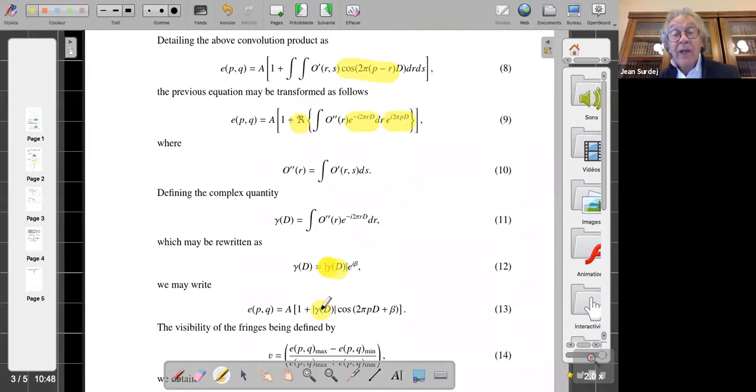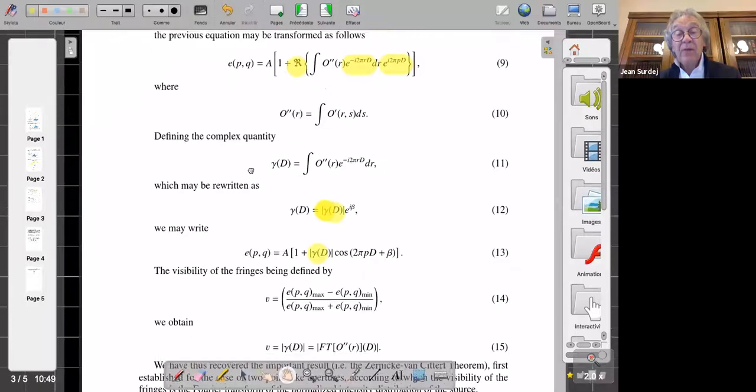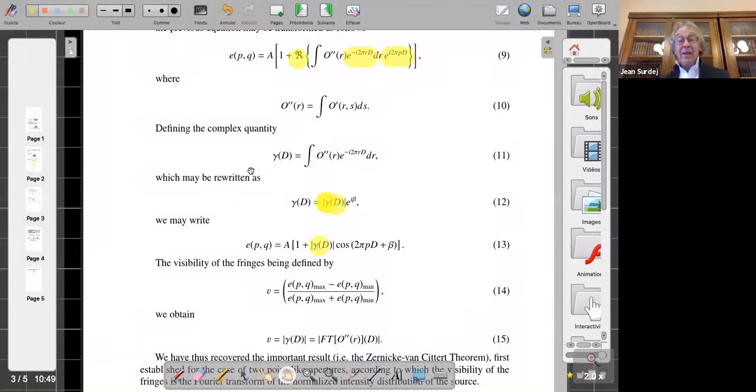And now you must take the cosine of this quantity here, but plus the beta. And therefore you see here appearing beta, which is a phase shift of the fringes in the focal plane of the interferometer. So I just put it a little bit above.